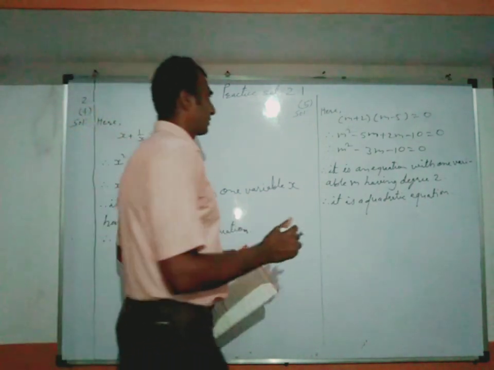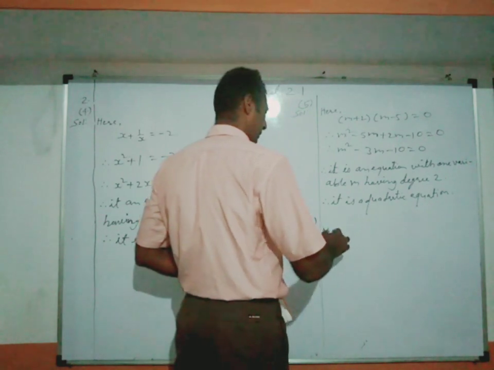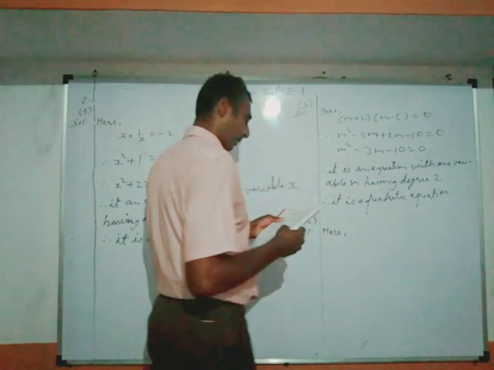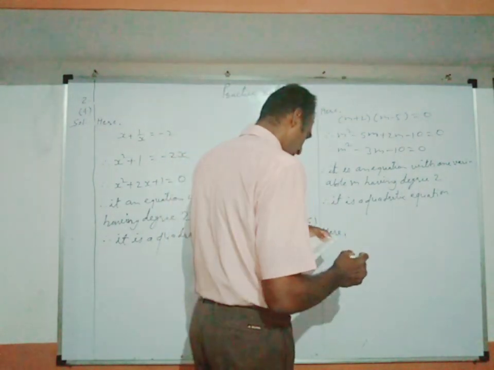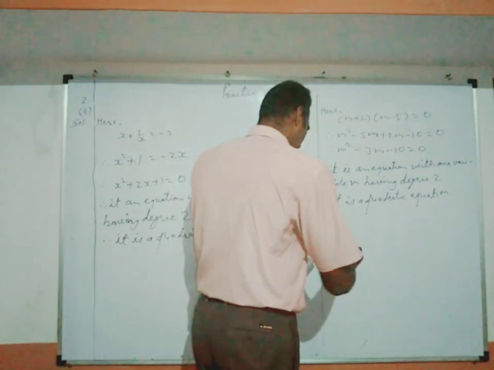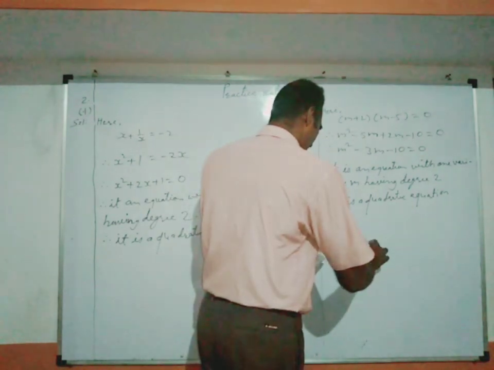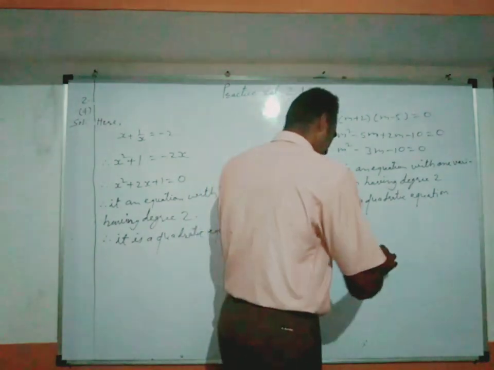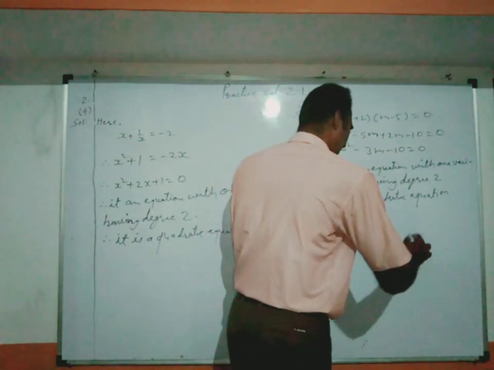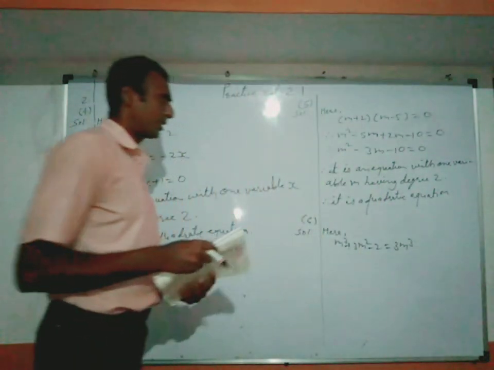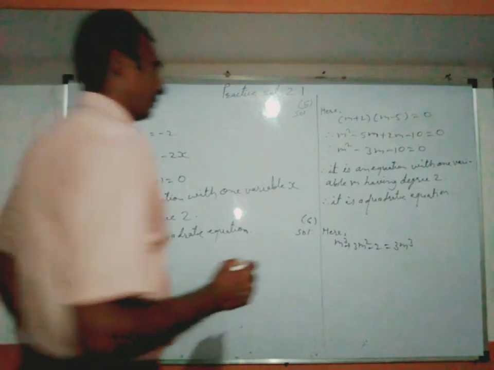Similarly, number 6, solution. Here is m cube plus 3m square minus 2 equals 3m cube. Before deciding whether it is quadratic or not, we must simplify it.